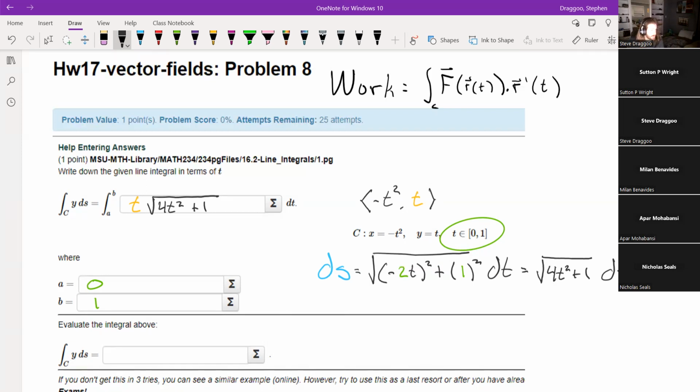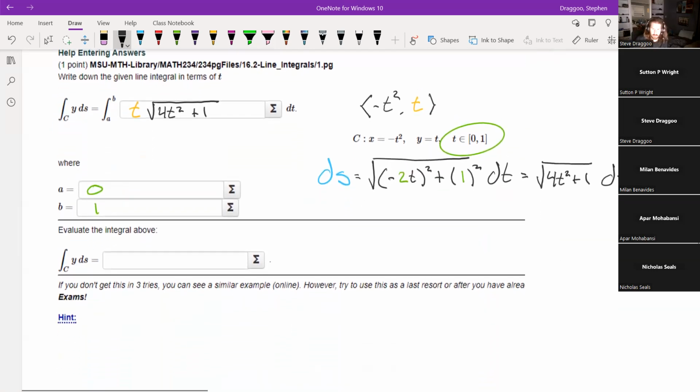So with all that set up, we just have to go integrate the thing, and it's not as bad as it looks. There's a pretty nice u substitution. U is just the thing on the inside of the square root, 4t squared plus 1. That means that du is equal to 8t dt.